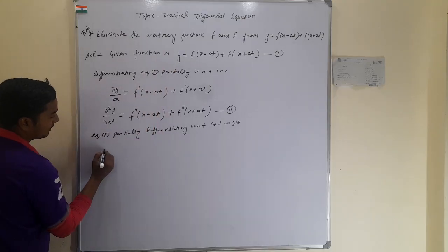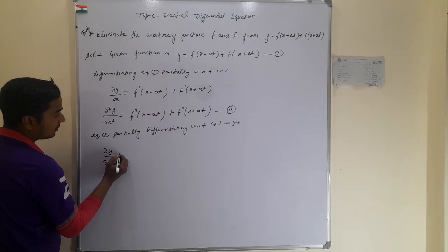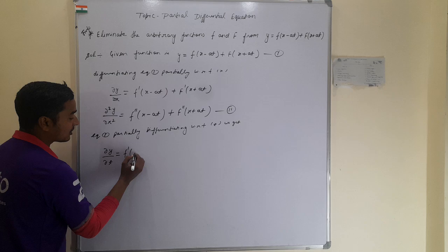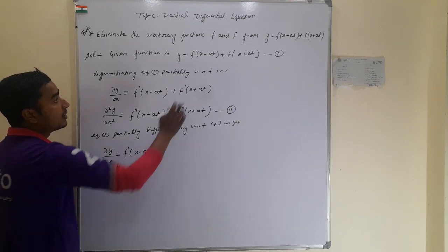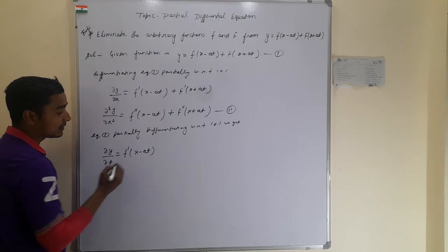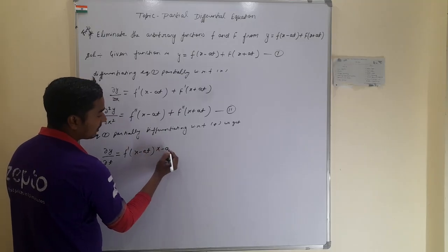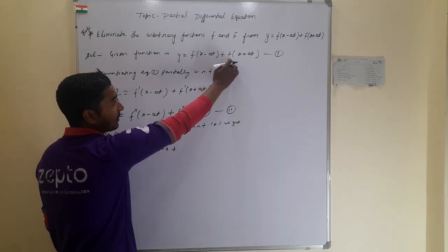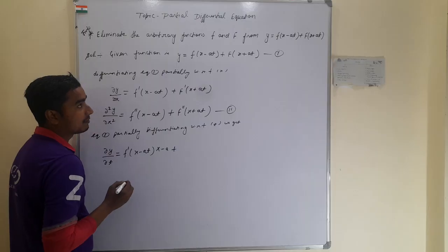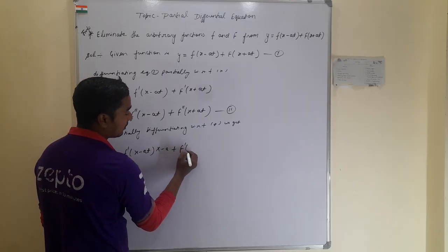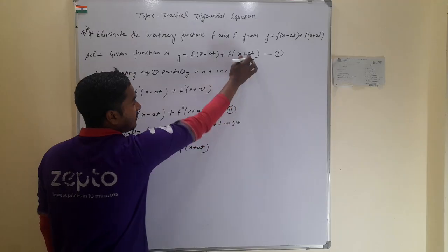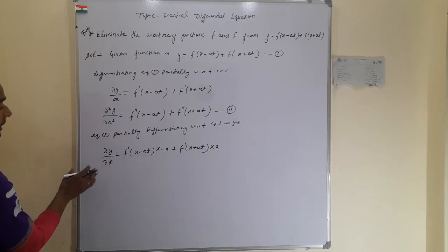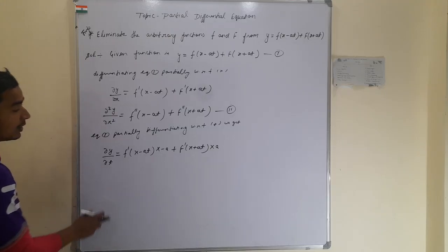This gives ∂y/∂t equal to f(x − at) differentiating with respect to t, which gives f'(x − at), and again −at differentiating with respect to t gives −a, plus F(x + at) differentiating with respect to t gives F'(x + at), and again at differentiating with respect to t gives a.